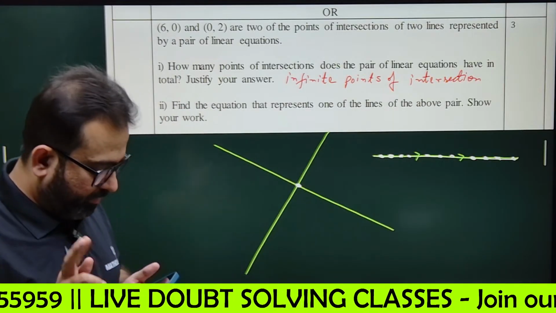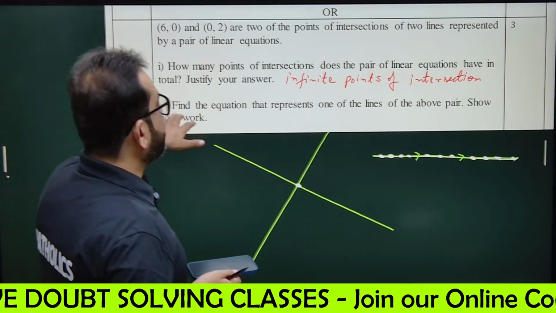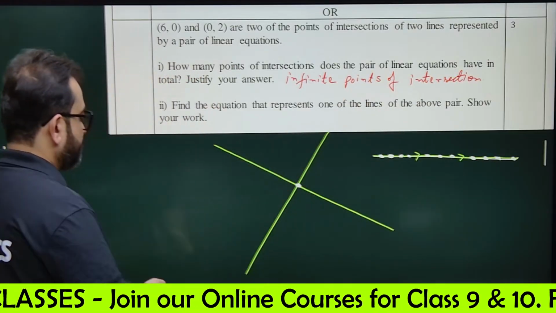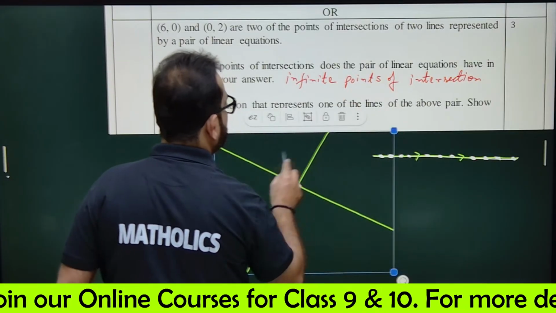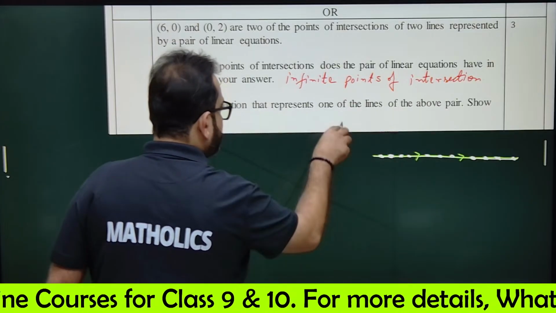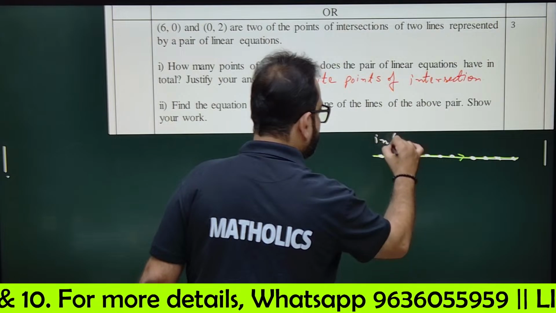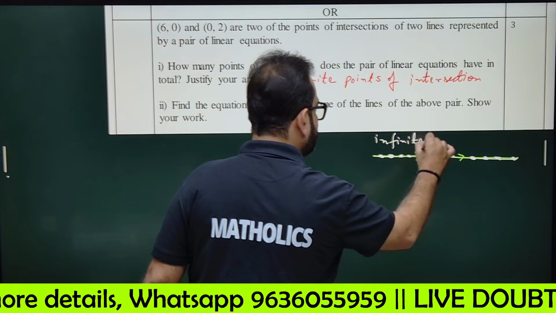Now see, second point. Find the equation that represents one of the lines of the above pair. Show your work. How to show the work? See, these equations are of the type with infinite solutions. What will be the condition?